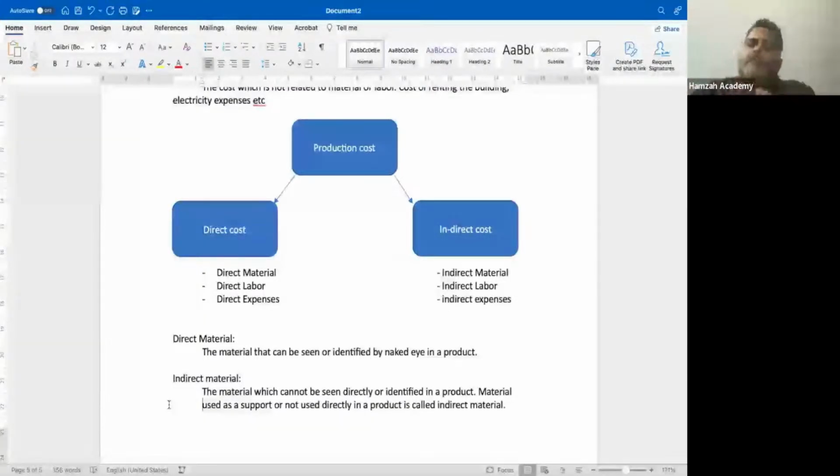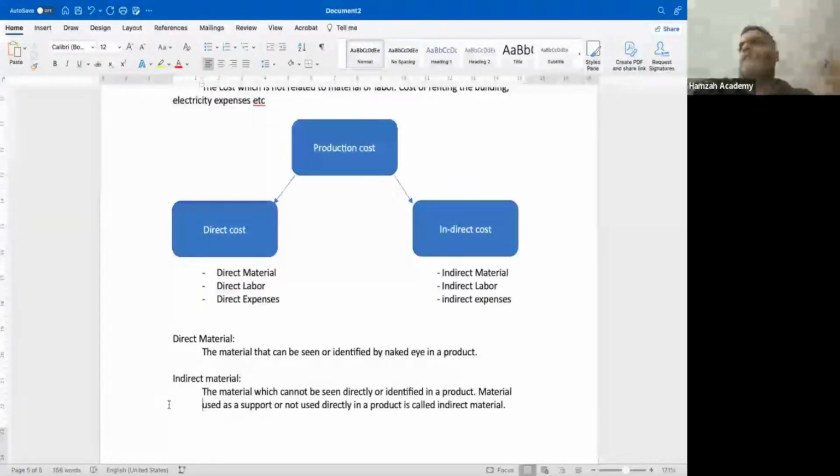In management of cost accounting, we call those materials direct material whose cost can be attributed directly to the product. Secondly, we call those materials direct material whose cost can be easily calculated on a per unit or per product basis as well, right?